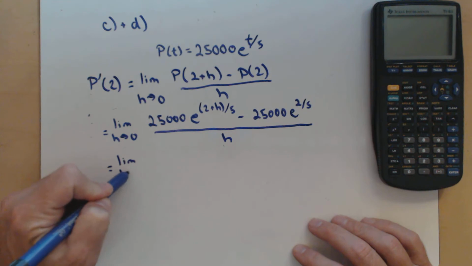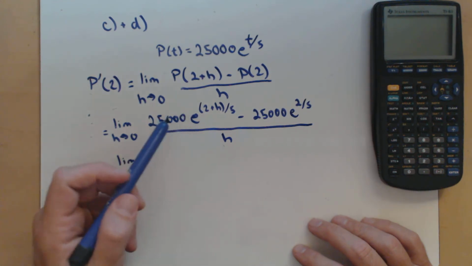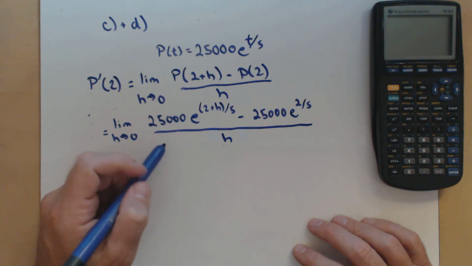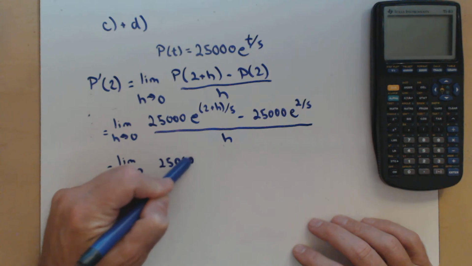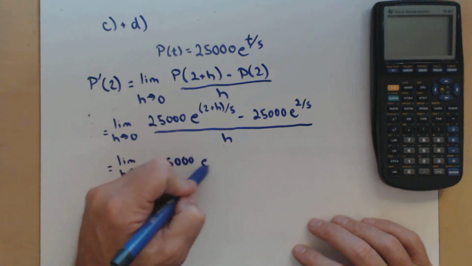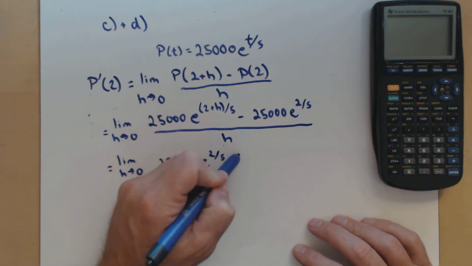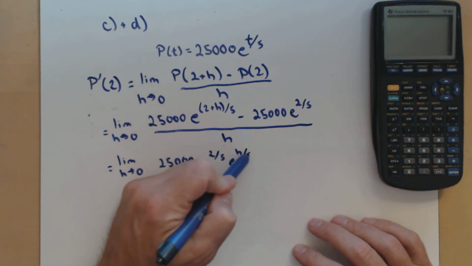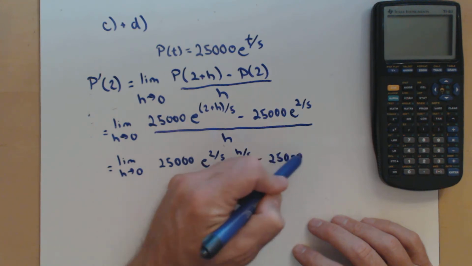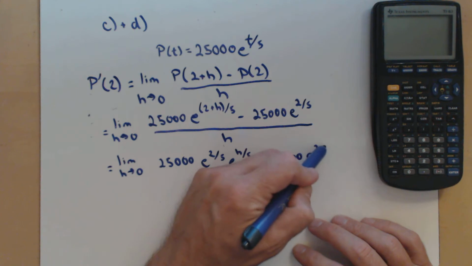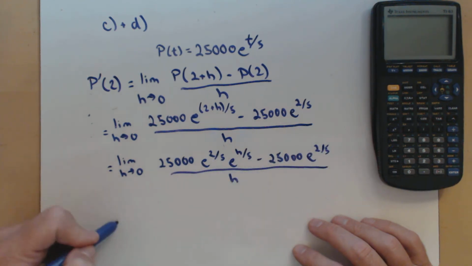We could try and simplify this a little bit as h goes to 0. Using properties of exponents, we could rewrite this as 25,000 e to the 2/5 times e to the h over 5, minus 25,000 e to the 2/5, all over h.